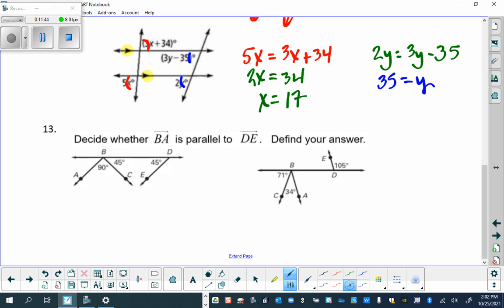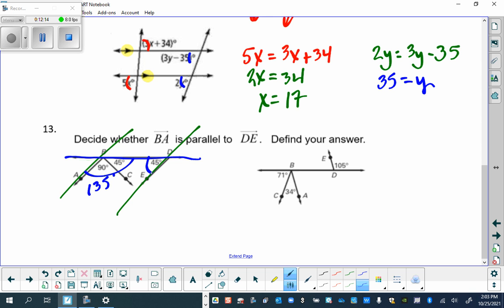So when we're looking at, hey, wait a minute, are the lines parallel? Here's AB, here's DE. My hint for you is to take your pencil on a piece of paper and extend the lines and make them longer. It makes it easier to see which is the transversal. Because as soon as I look here, I can see that this line here is the transversal, and I'm looking at 135 degrees and 45 degrees.